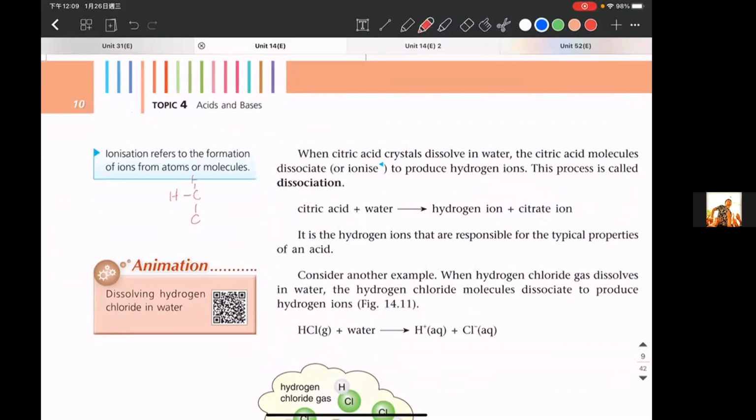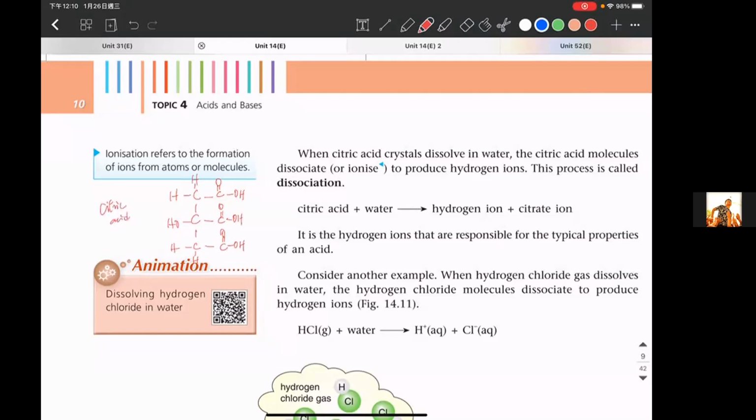CH2, C double bond O, OH here, and then C double bond O, OH, and this one, similar to carbon 1, we've got C double bond O, OH, right? So this is what we call citric acid.